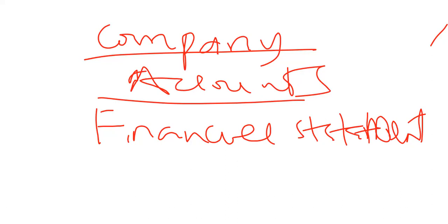So you less provision for doubtful debt, the one outside the trial balance, which was written there as 500, is what you less from debtors as 48,500. When you add the two together, you have 301,000.